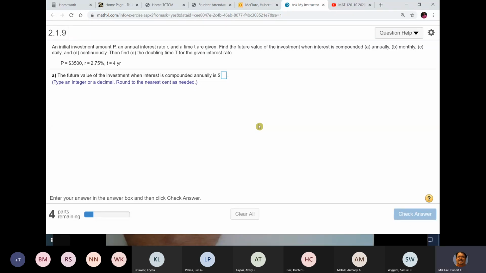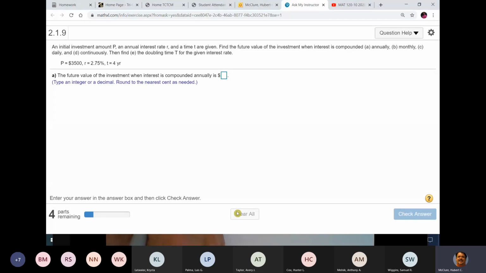So A is equal to P times 1 plus R over N, raised to the NT power. And P is equal to 3,500. R is equal to 0.0275.